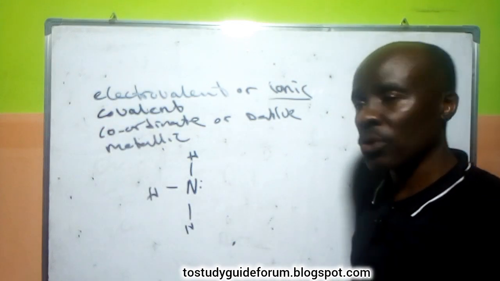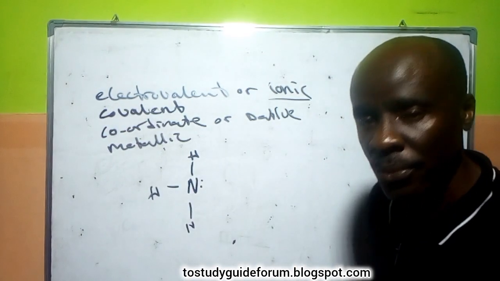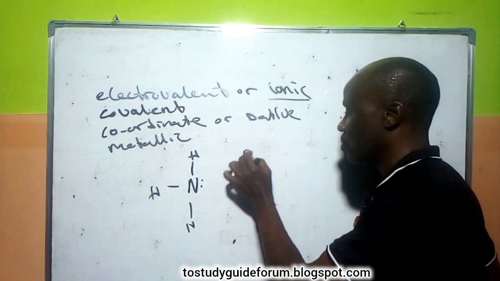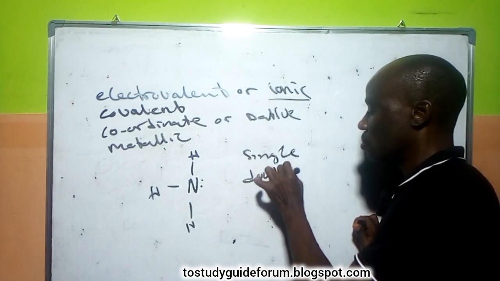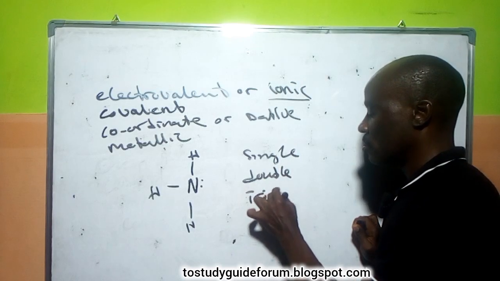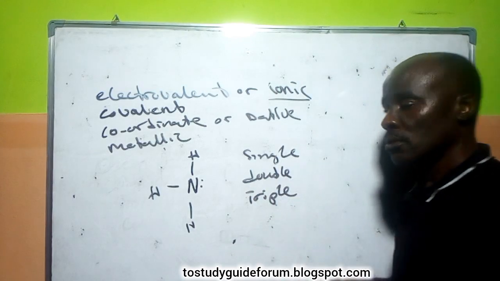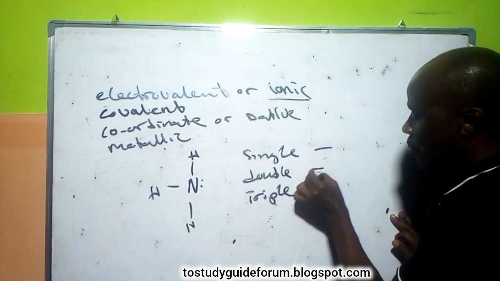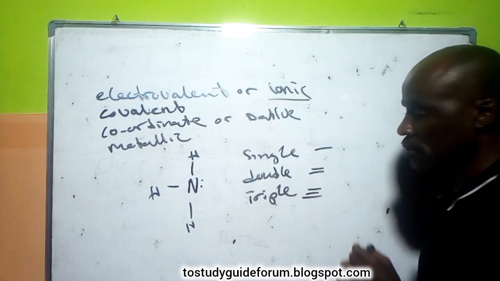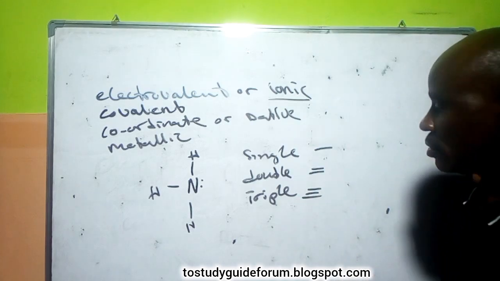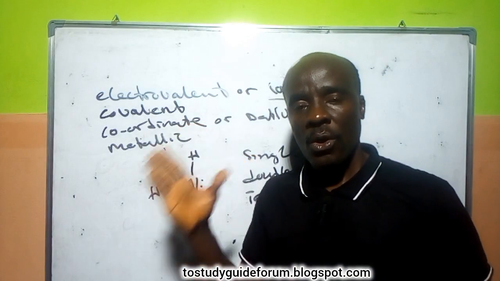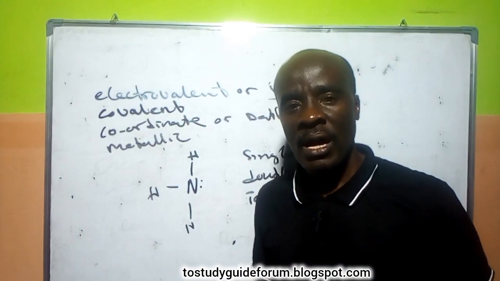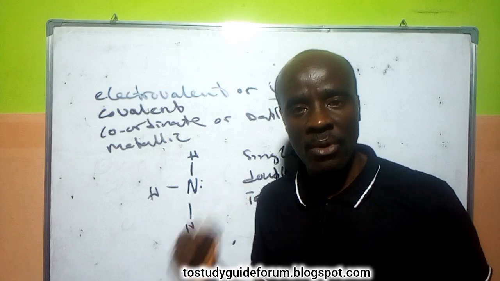Now, there's something I really want to tell you about the covalent bond. In covalent bond, we can also have what we call single, double, and what? Triple. Single bond, double bond, triple bond. So in single bond is what we have in combination of two hydrogen atoms to give us a molecule.